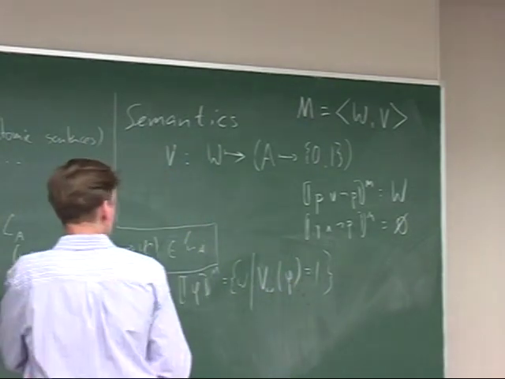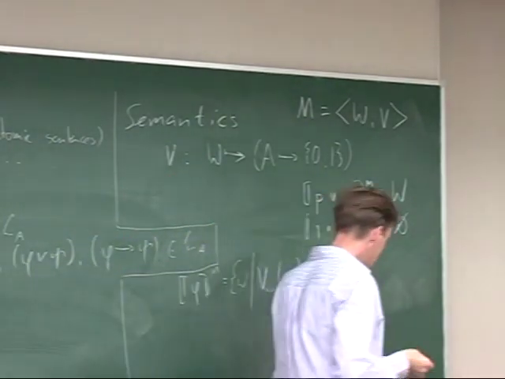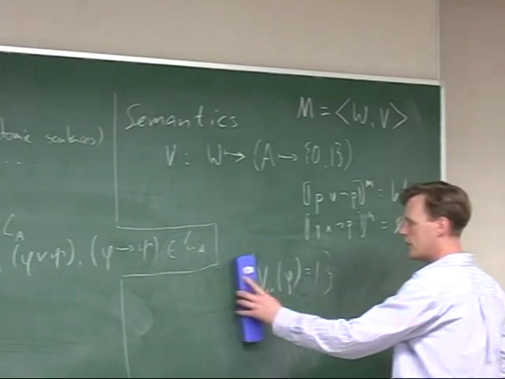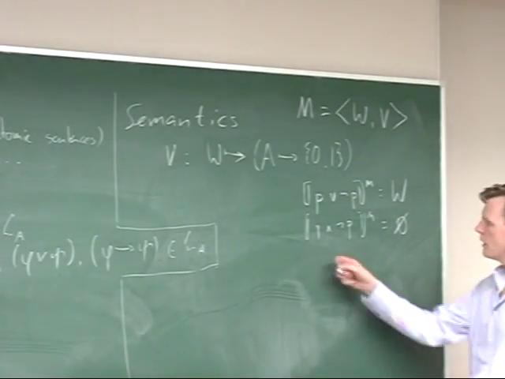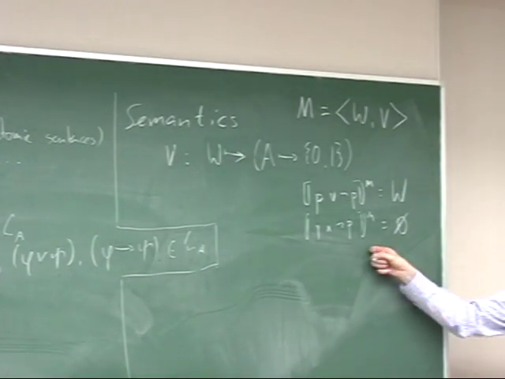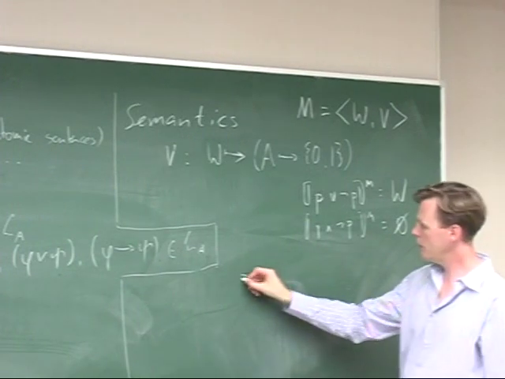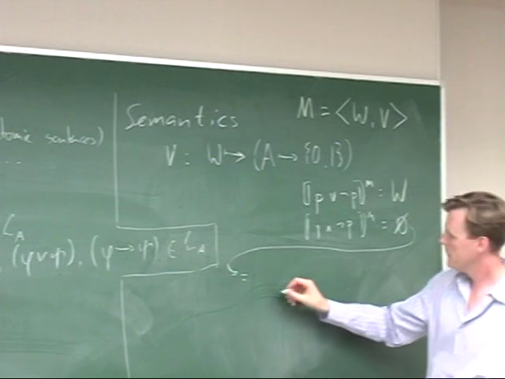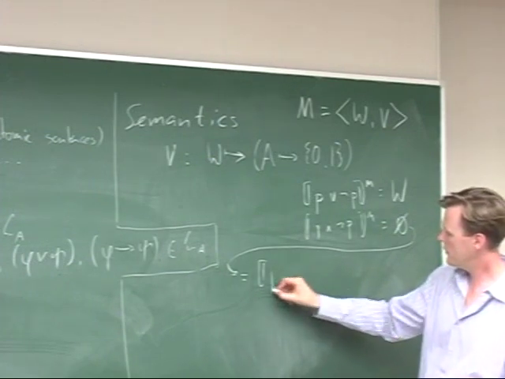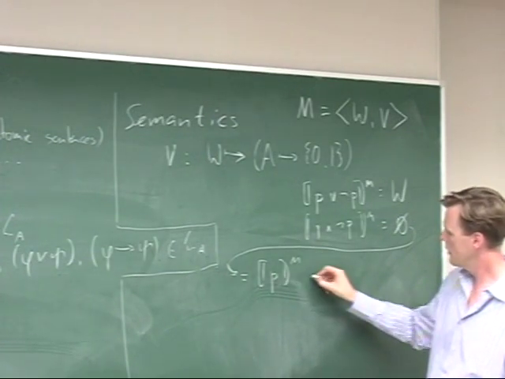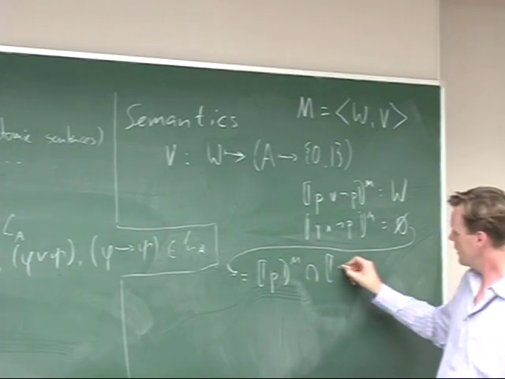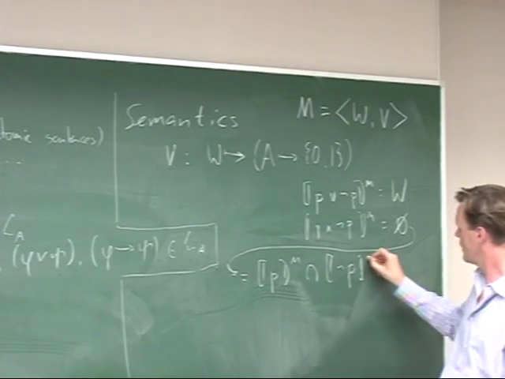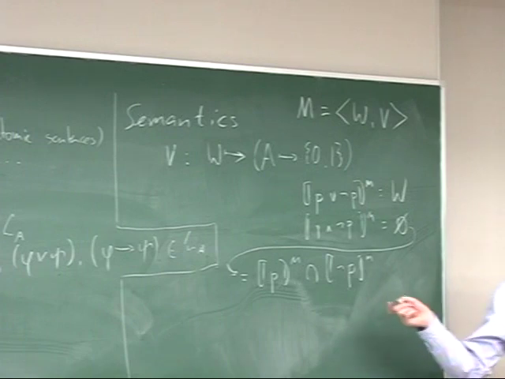So the denotation of two sentences that are conjoined, like these, P and not P, this is simply the intersection of the denotation of P and the denotation of not P. And this has to be the empty set because there is no world at which they are both true, right?